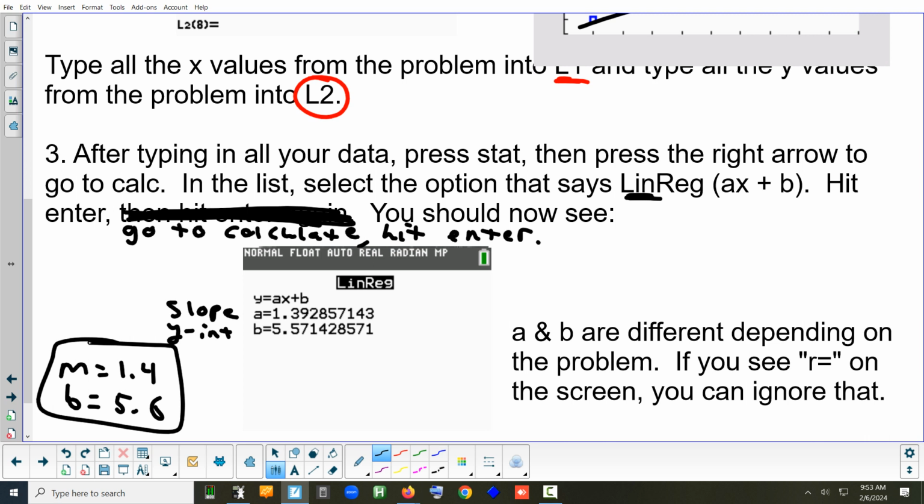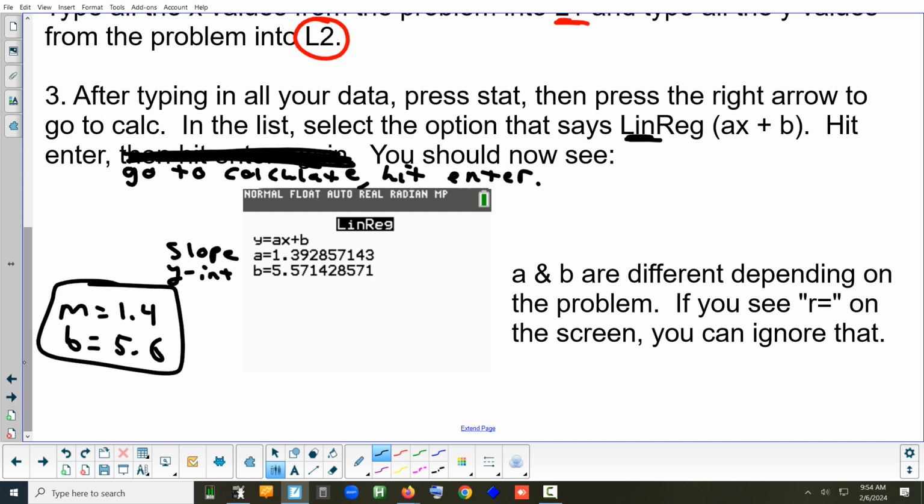Okay, that's not, let's see, so stat, edit, you got all your points typed in correctly. So stat, calc, option 4. All right, one of your points I think is wrong. We'll have to double check. Okay.